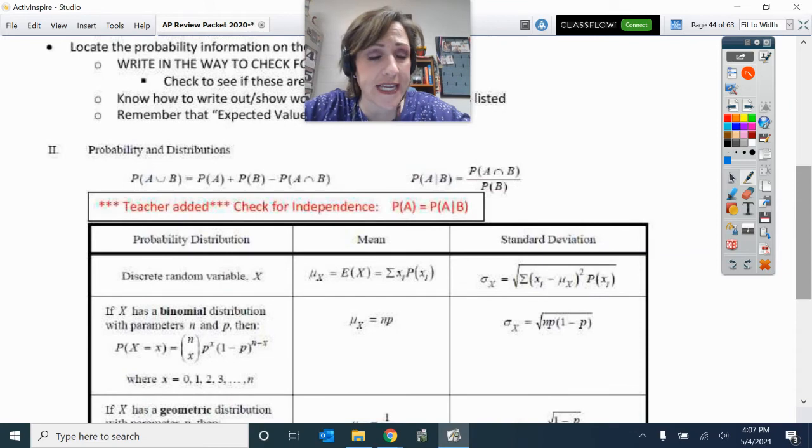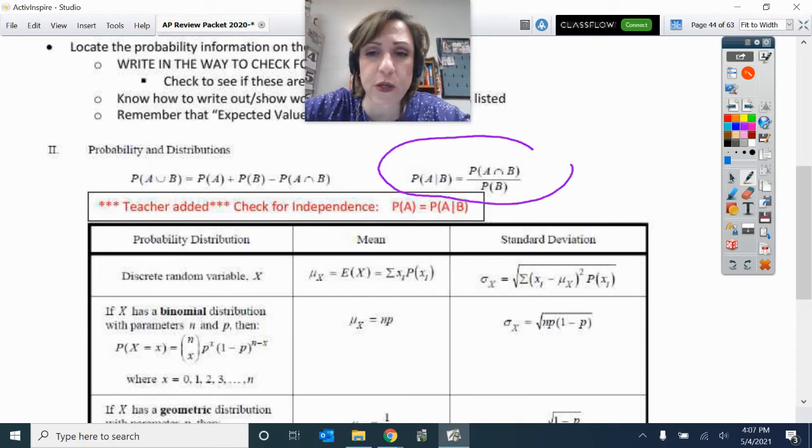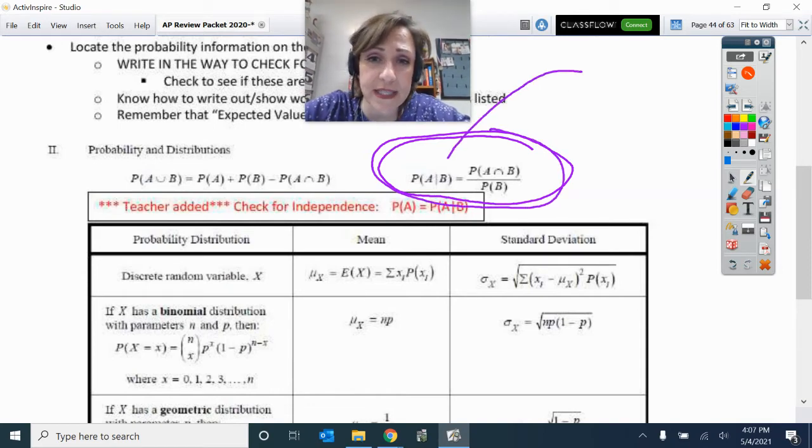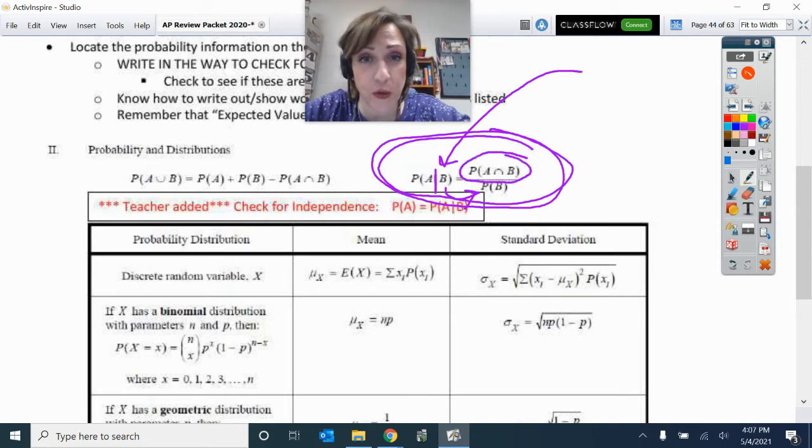So let's take a look at that down here on your formulas. That is located here. Here is your conditional probability. Remember, this is red: the probability of A, given that B has happened. So we're saying out of all of the B's, what is the probability of A and B occurring?